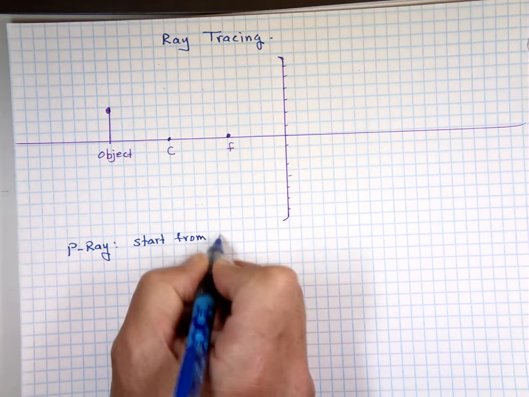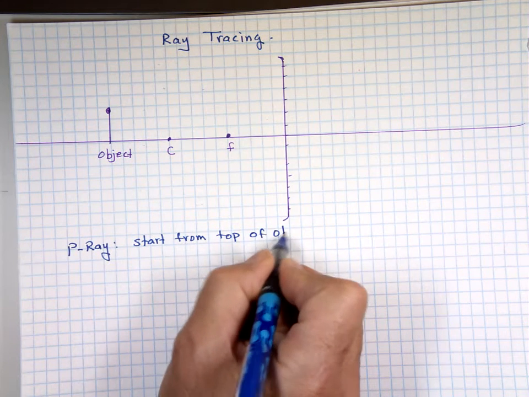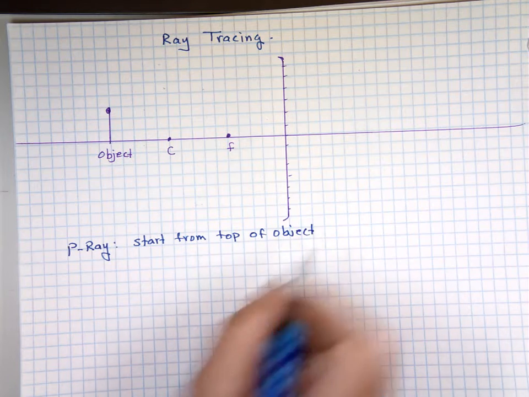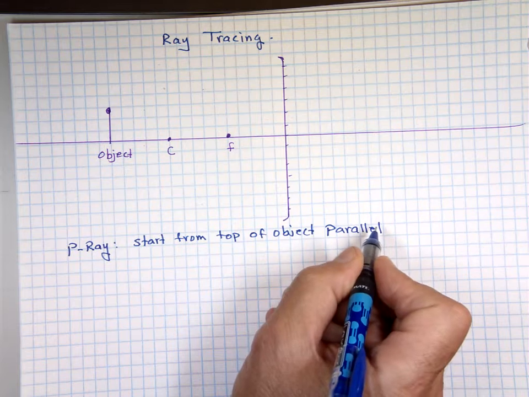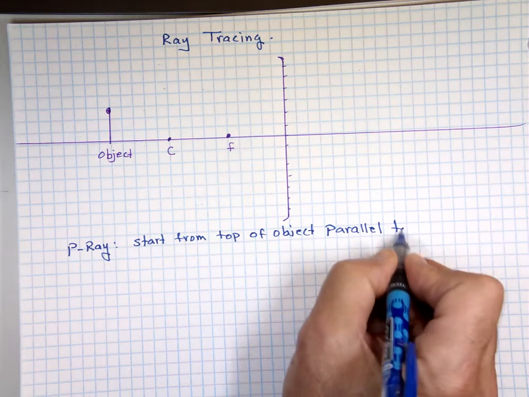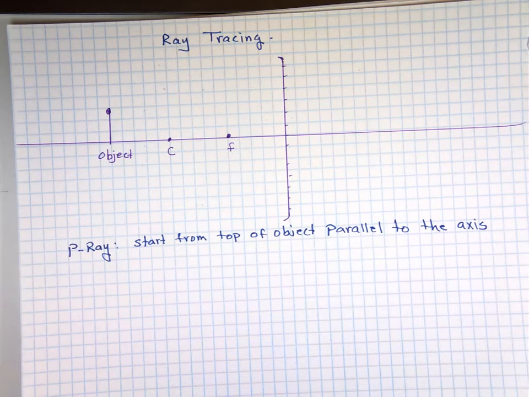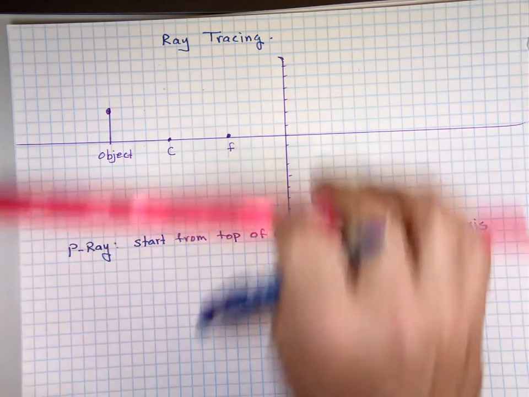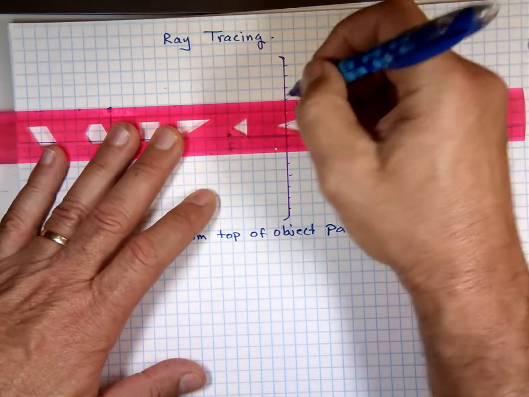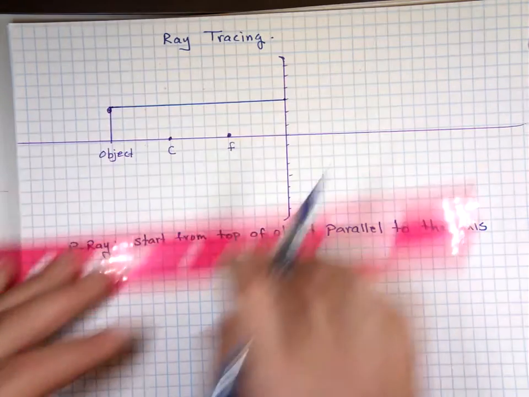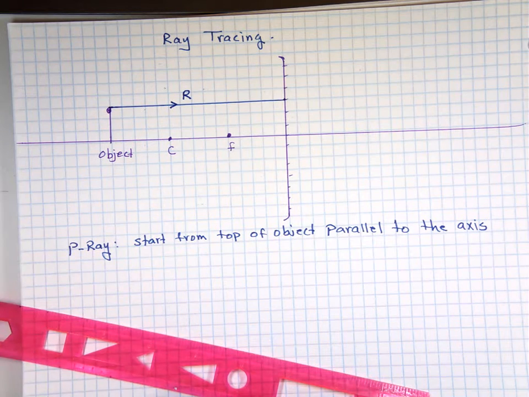Usually I go to the top of the object. I do more from the top of the object. Parallel, you can draw a line that's parallel to the axes. So draw a line from the top parallel to the axes. That's this one. That's the P ray.